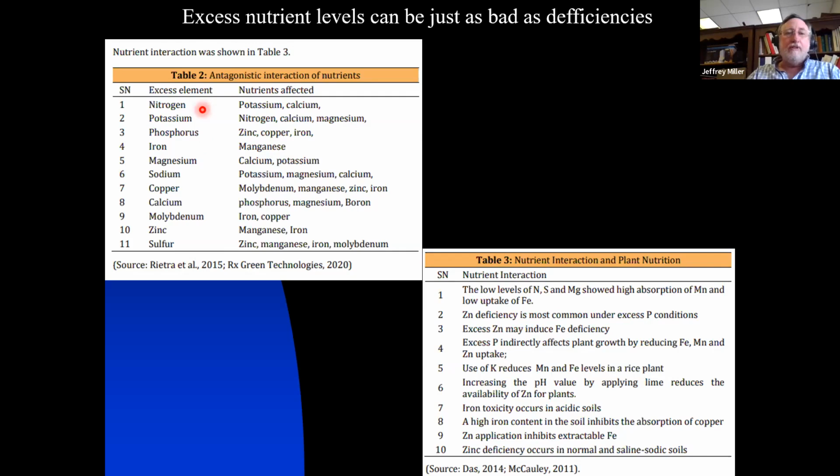As an example, nitrogen in excess can impact potassium and calcium. Phosphorus in excess can cause problems with uptake of zinc, copper, and iron. So really, our goal should be maintaining moderate levels of nutrients that are not limiting to plant growth.